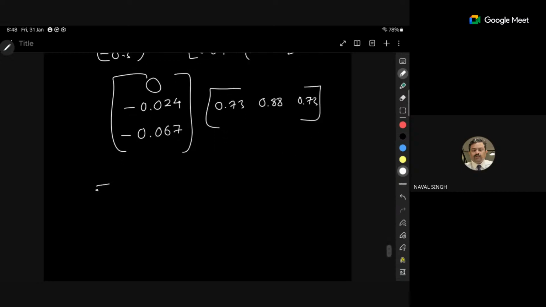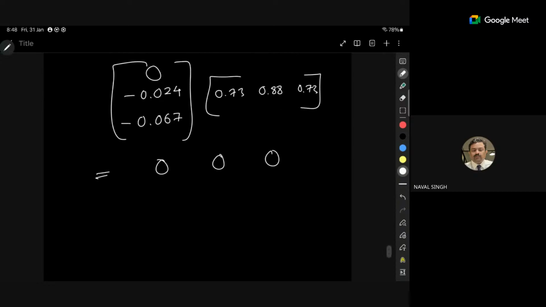If you do this matrix multiplication, you will get 0, 0, and then going across the second part you'll get 0.07, minus 0.07, minus 0.07, minus 0.07. Is it 0.01?